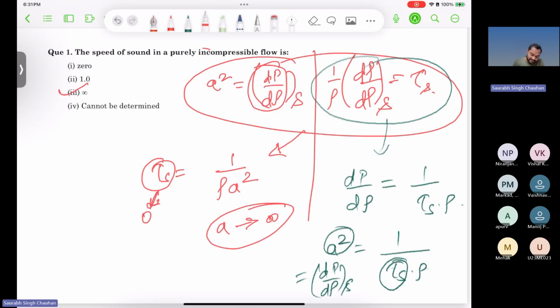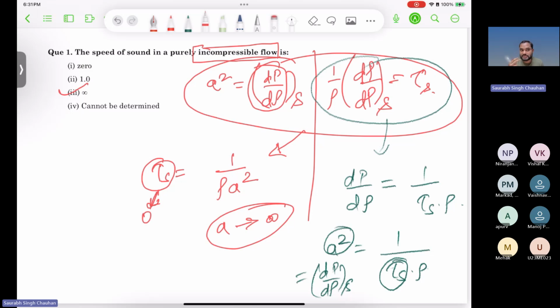So purely incompressible flow will have infinite speed of sound. This is very important if you think a little bit more. Incompressible flow means the speed of sound is infinite.